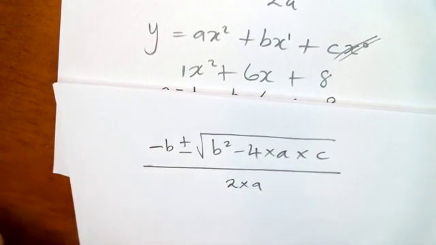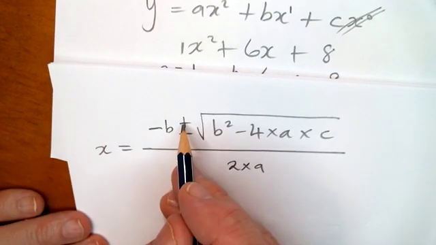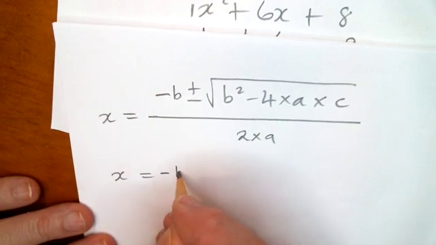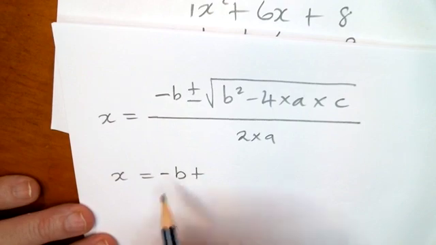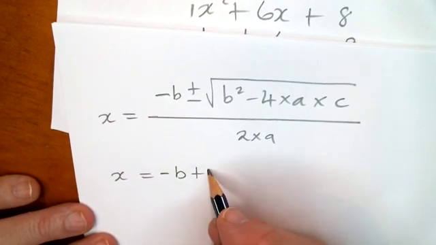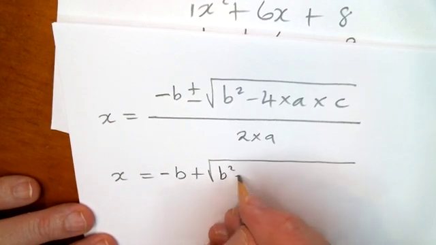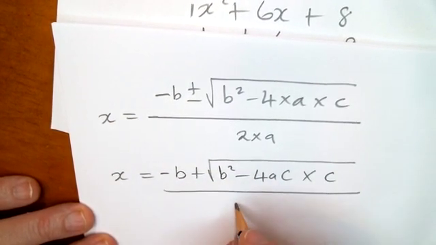As I do this, remember that's what x is going to equal. So I'm going to do it all using plus to start with. I'm going to go x is equal to negative b plus all of this, and then in the end I'm going to just change that to a minus and do it for minus as well, having already done the heavy lifting with all these calculations.